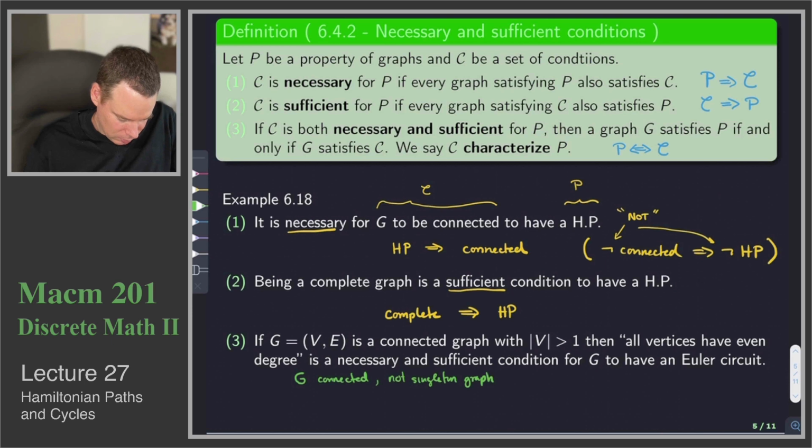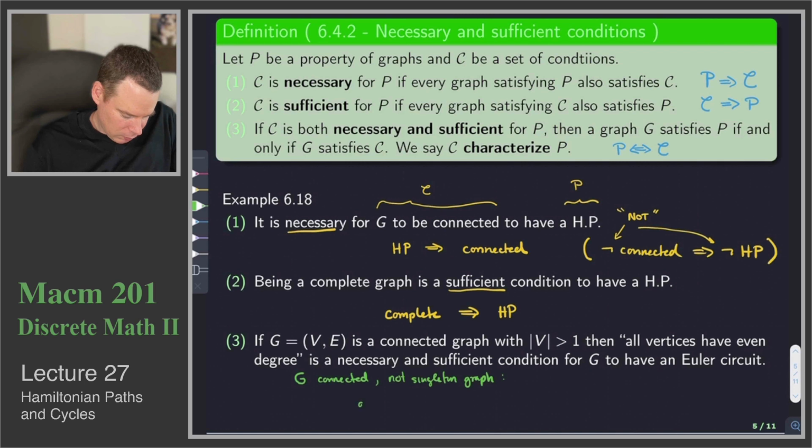So in other words, it doesn't consist of just an isolated vertex. In this case, there's more than one vertex. So those are just the baseline assumptions we have to make, and this is just to avoid some of the trivial examples. So we've got G is connected and not a singleton graph. Then what do we have for necessary and sufficient condition for an Euler circuit?